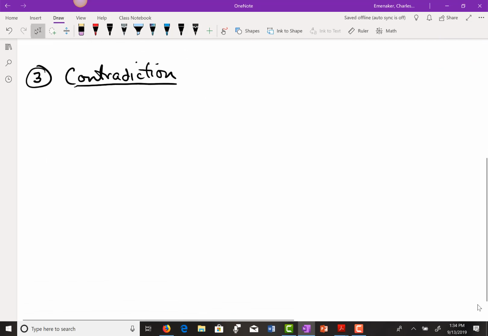Let's see here. Let's say we have something like 3x plus 7 equals 3 times x minus 4. Fairly straightforward one.